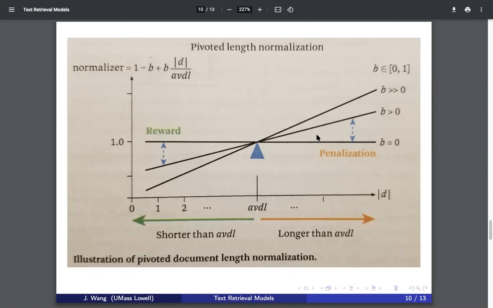How to select this B will depend on your underlying corpus. To determine a better value of B, you could use a machine learning method. For instance, if you have labeled data, then you can use the labeled data to adjust this value B.